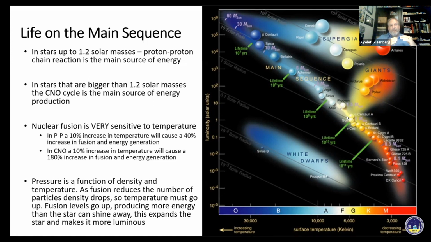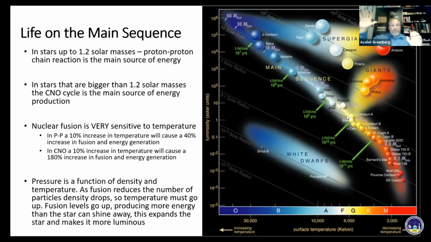And these processes are very, very sensitive to even small changes in temperature. Nuclear fusion is very sensitive to the most minute changes in temperature. So in a star that is like our sun, or slightly smaller, slightly bigger, a 10% increase in temperature will drive nuclear fusion up 40%.